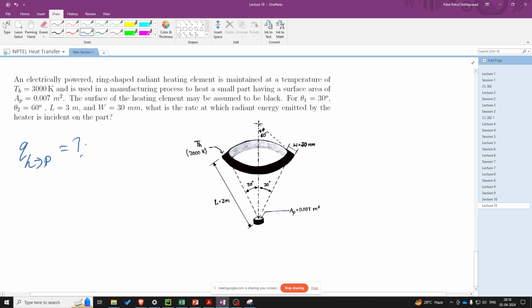This we had already seen. So Q of H2P is equal to IE times cos of 30 degrees times omega of P2H, times the area of the heater.